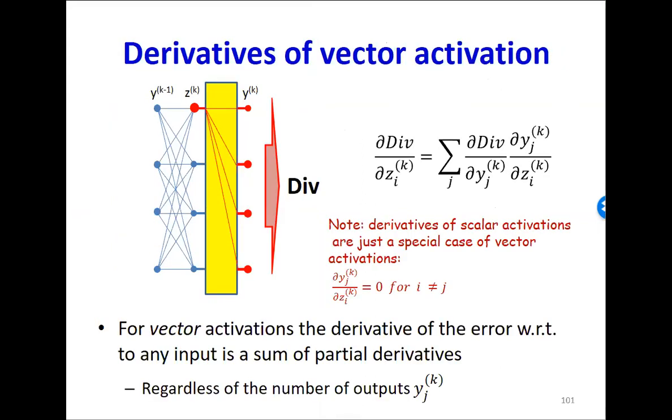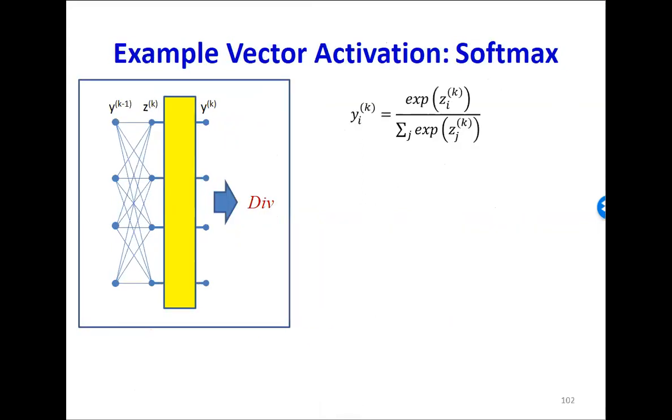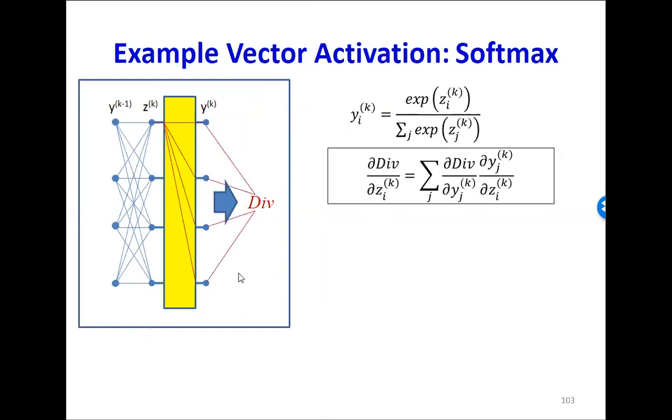Now we've seen one instance of such a vector activation function. This is the softmax activation. Remember how we computed the softmax? We exponentiated all of the Z's, but then we normalized them such that the outputs sum to 1. So that meant that if I increase the Z, the corresponding Y increases, but to compensate for it, the other Y's decrease.